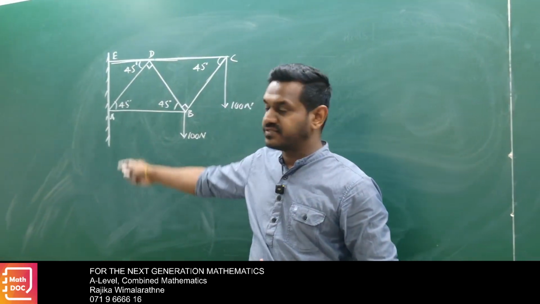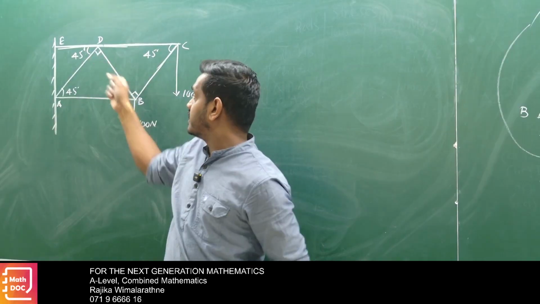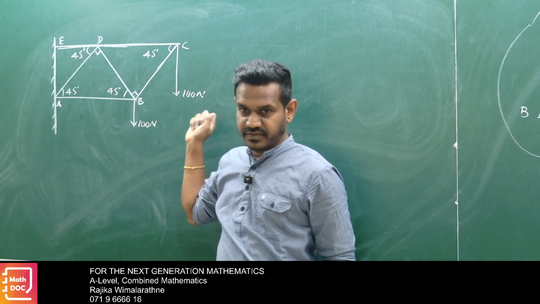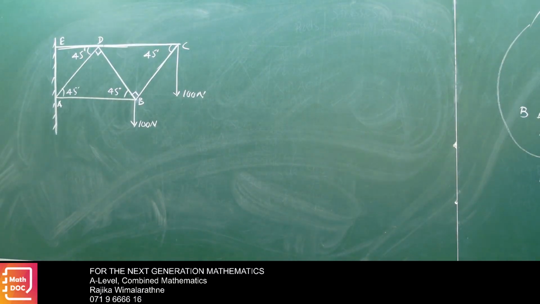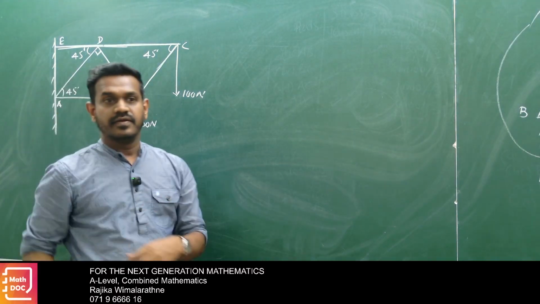Okay, then you take this figure, 90 degree, 90 degree, 45, 45, 45 inclinations. 100 Newton has suspended, no? Okay, start it. Okay.